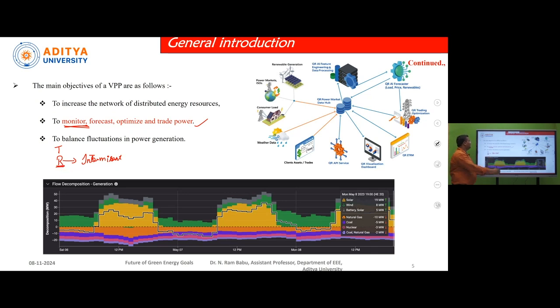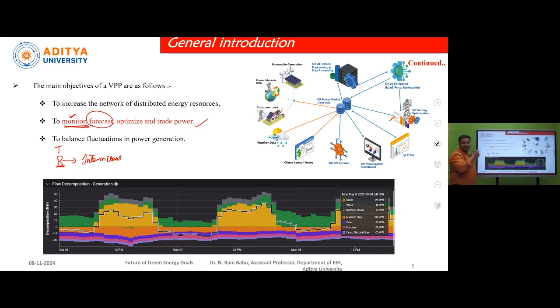So the energy generated by the renewable energy source is intermittent in nature. We need to monitor the devices and note down the amount of energy being generated by the generating stations and also the load consumption patterns. Apart from energy and load, we need to monitor whether the devices are in working condition or not. All these things we are supposed to monitor and note down. Next one is forecast.